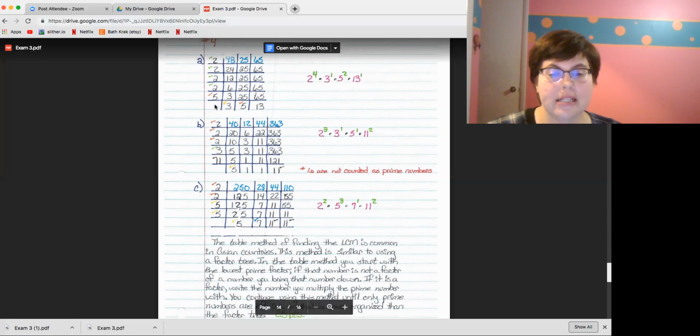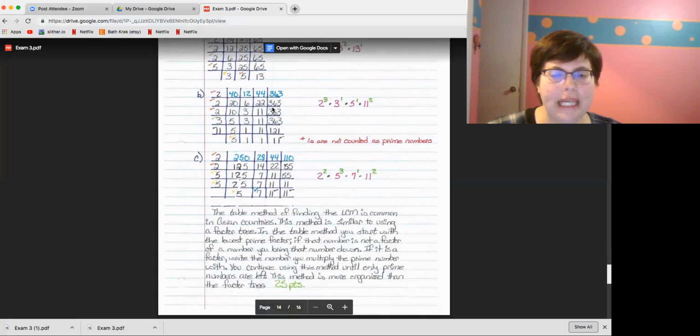Times, the next number is 5, and that's used 2 times. So 5 to the second power. The way you would correctly say that is 5 squared. Times, and our last prime number is 13. And we put 13 to the first power, or you just write 13. And that is how you do prime power factorization using the grid.